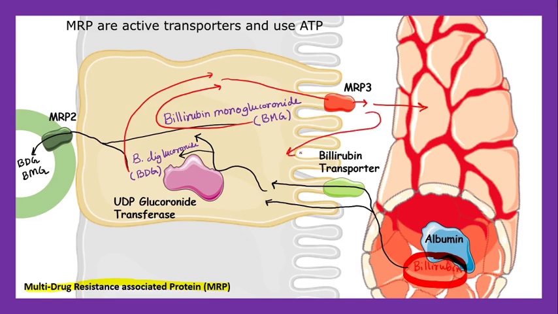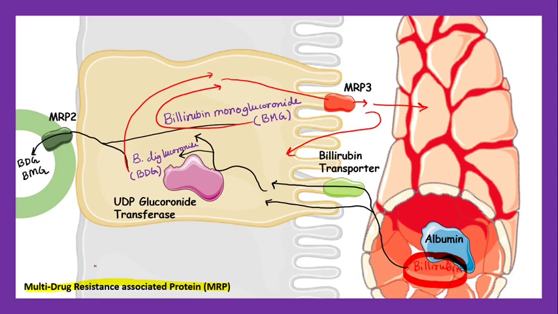Right. Now over here, if the BDG and BMG go to the biliary canalicular system, they get excreted by the gut. But if they enter the sinusoid, they can enter into the systemic circulation. So this is the mechanism of entry of conjugated bilirubin into the systemic circulation.